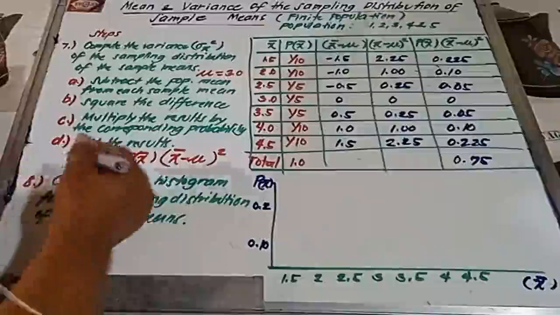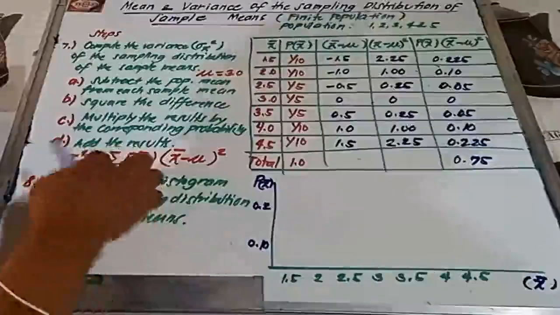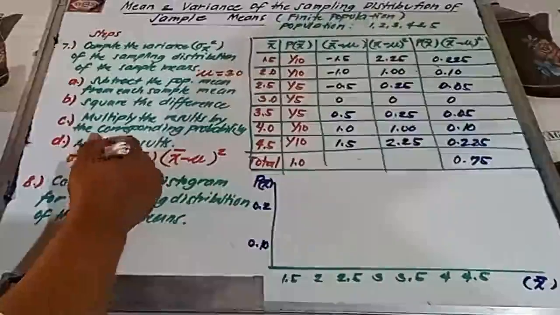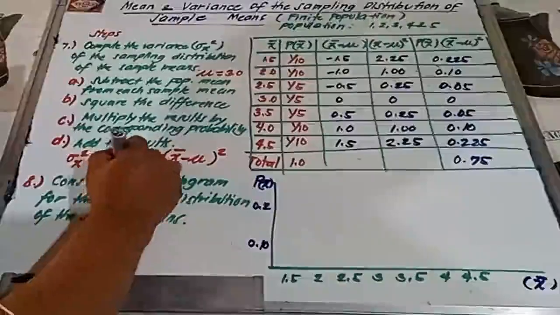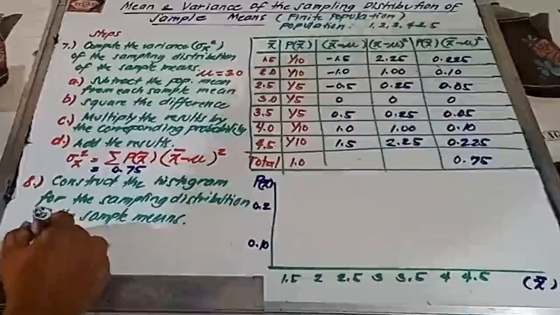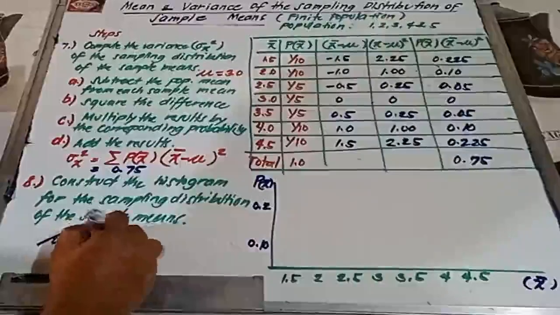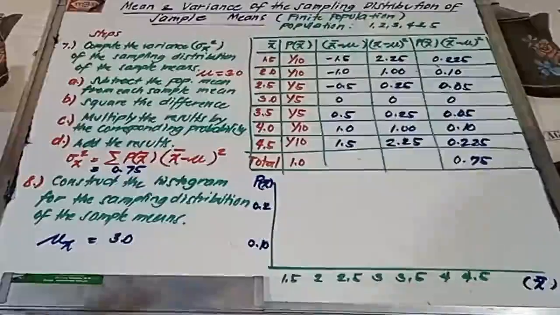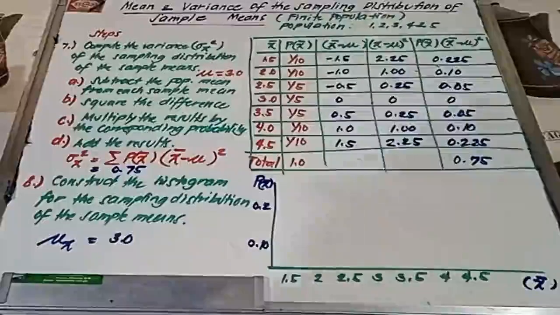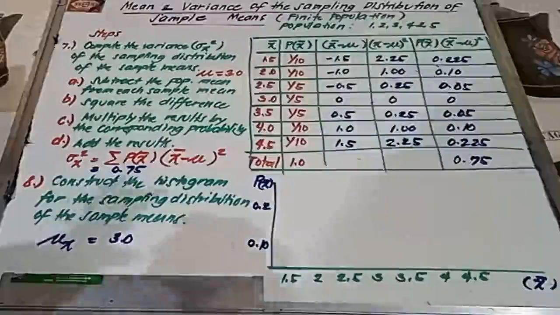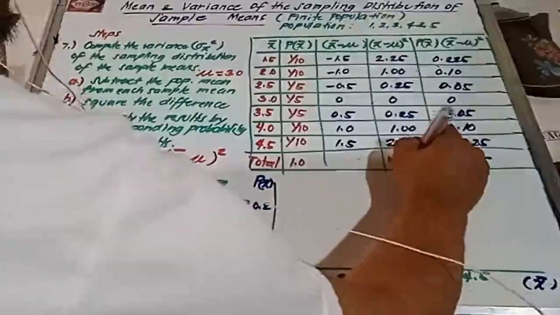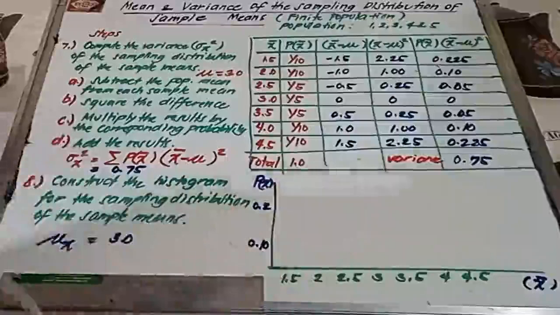Ang variance natin, remember, this is the summation nun, kaya ito yung formula natin. The variance is equal to 0.75. And remember, yung ating mean ng sampling distribution is 3.0. Okay na ang variance natin. Ito yung ating variance ng sampling distribution.